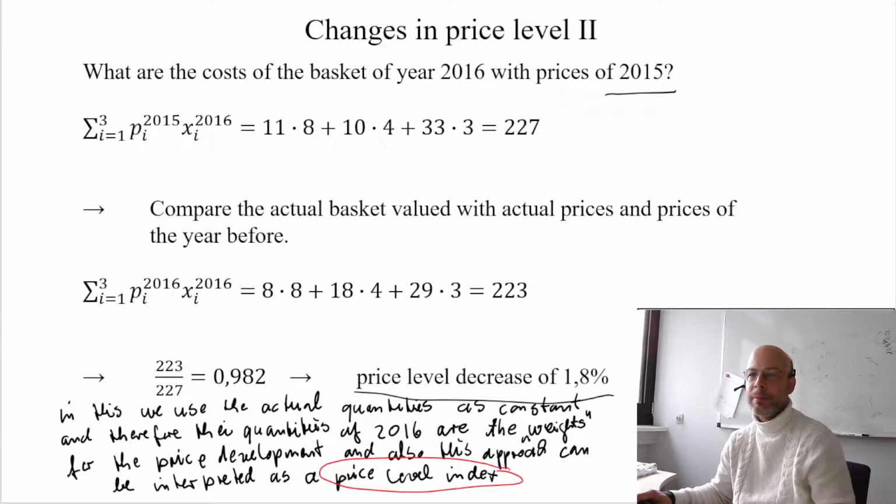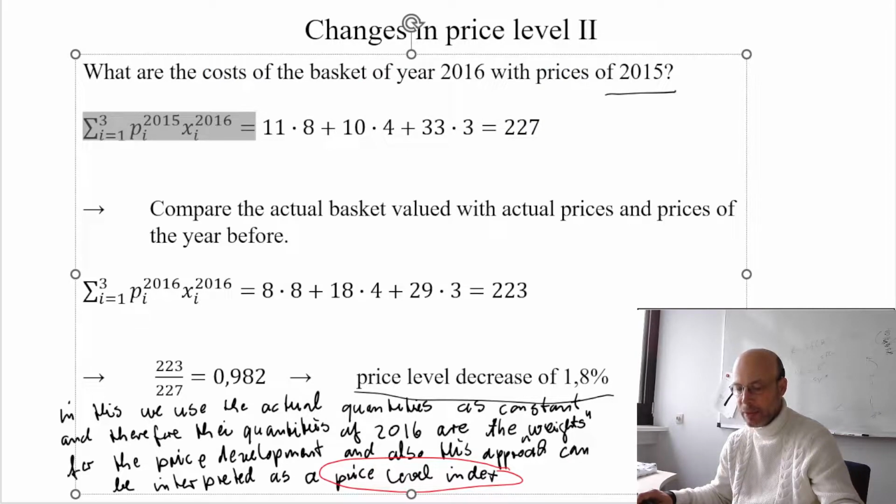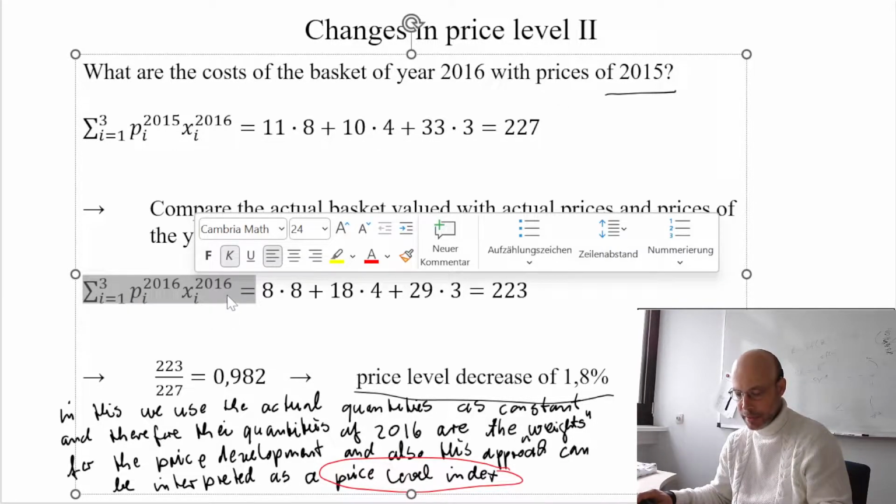Their prices again of the former year 2015 times quantities of the following year, and this has to be compared with prices of today times quantities of today.